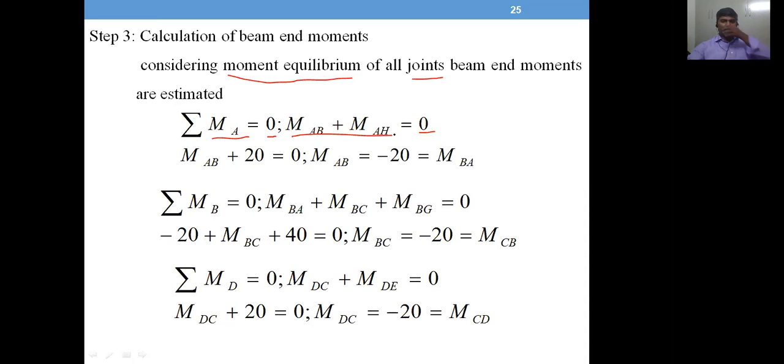So I have selected a joint where there are two members joining, one a column and another a beam.